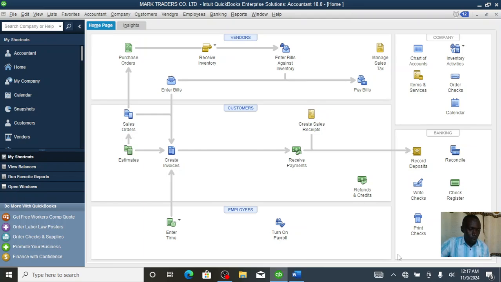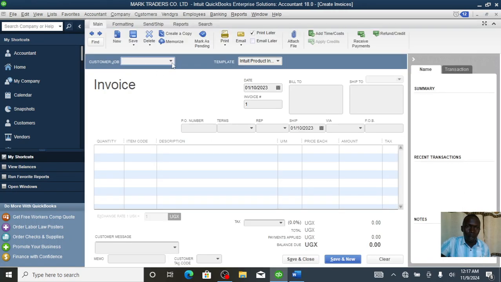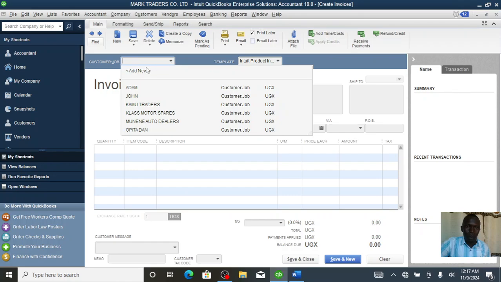On 11th, sold 6 of the motorcycles and 2 generators for cash to Muna auto dealers at 2% discount. We shall start by creating invoices. What is Muna?